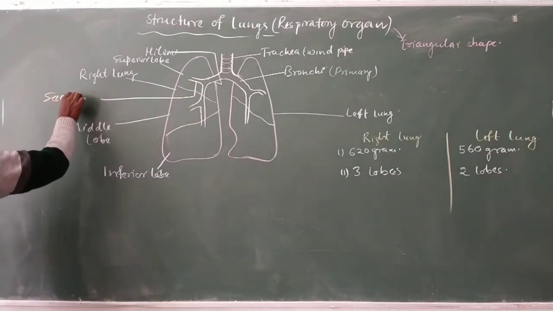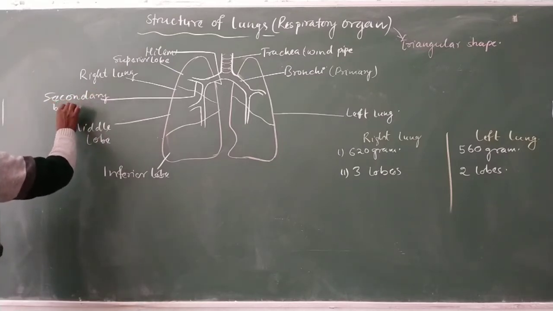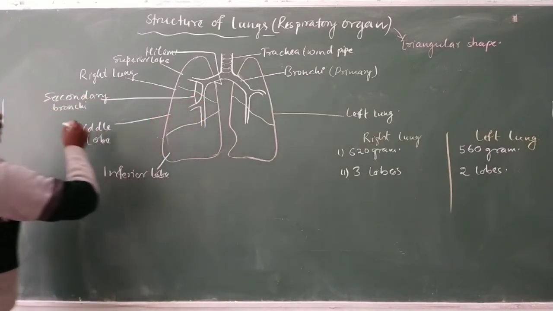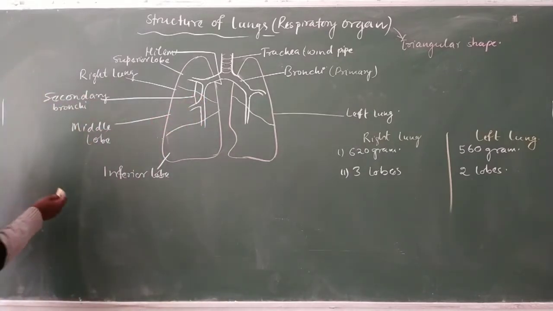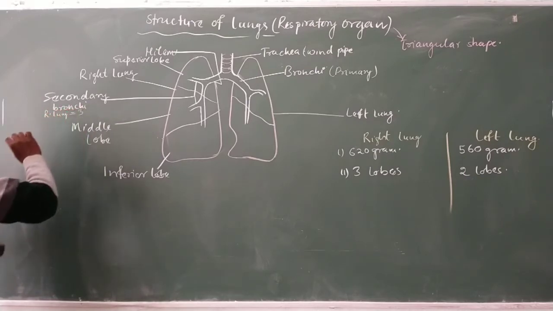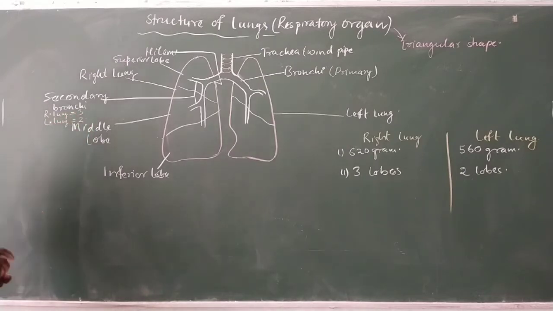In the right lung there are three secondary bronchi, while in the left lung there are only two.